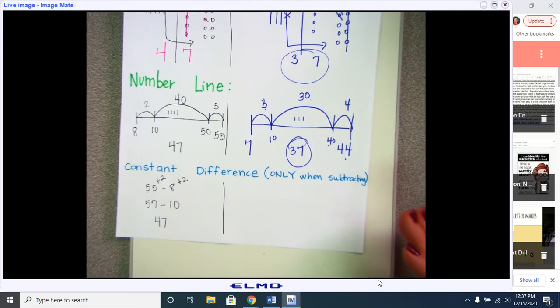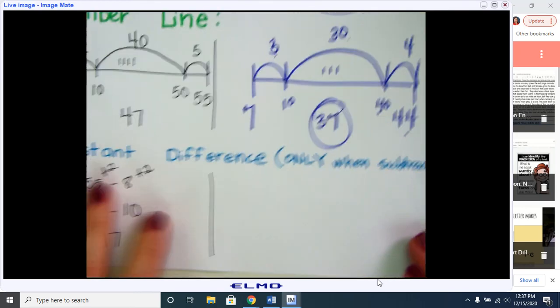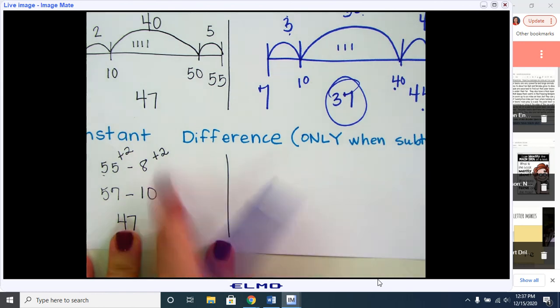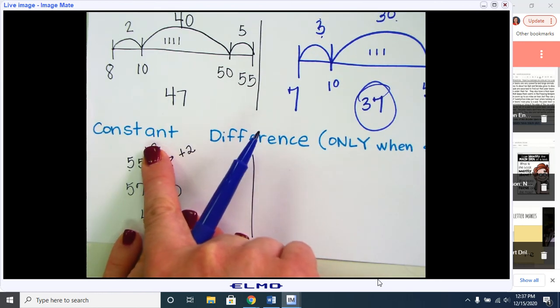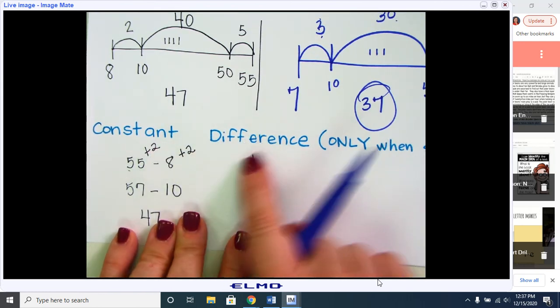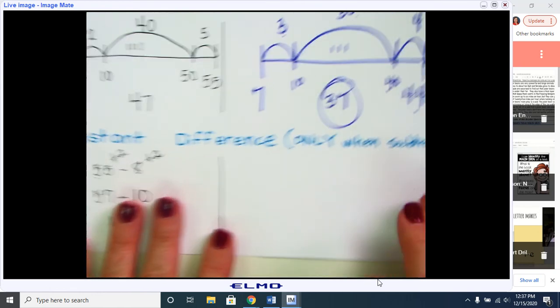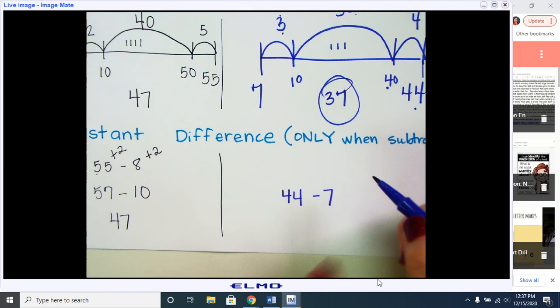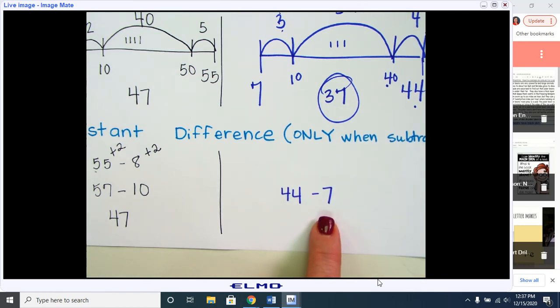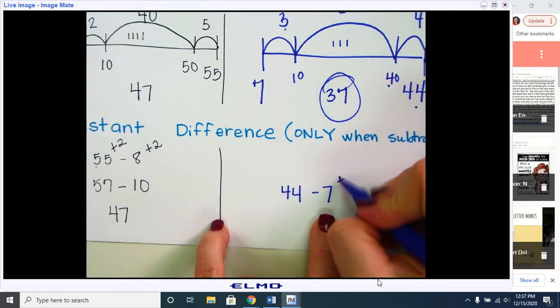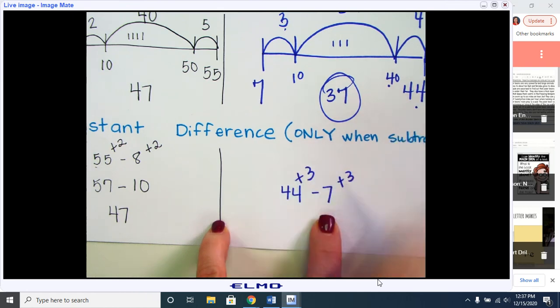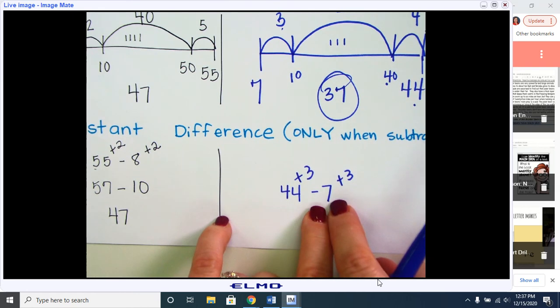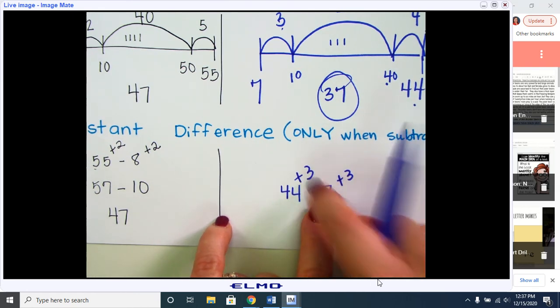All right, the last way I'm going to show you is constant difference. Constant, you add or subtract the same thing to each number. Difference, it helps you find the difference. So our problem is 44 minus 7. I'm going to get the smaller number to the nearest 10. So I'm going to add 3 and add 3. If this had been 12, I could subtract 2.